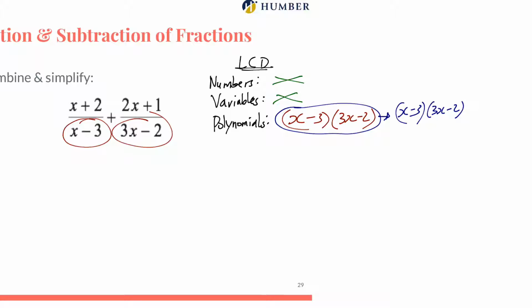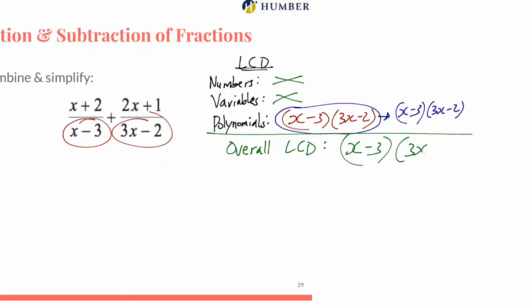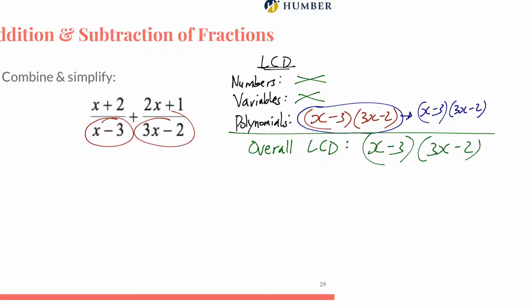And in this case, once again, the overall LCD is just going to be the product of all the LCDs here. There's nothing here, there's nothing here. The only thing that matters is x minus 3, 3x minus 2. Again, main takeaway is this. If you see polynomials as denominators, and if they're different, then the LCD would be their product.